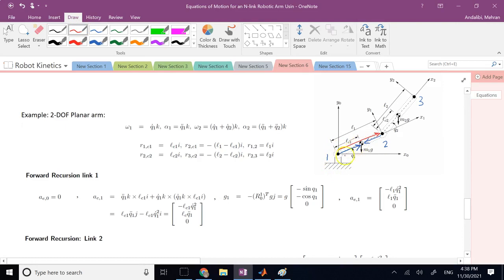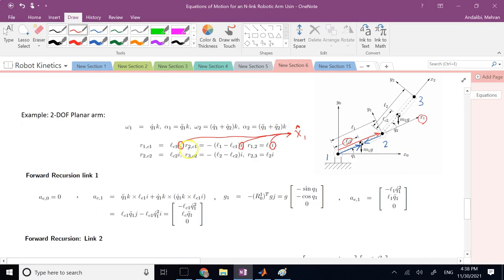So clearly you see the R of 1 C1, the length of it is LC1, and the direction of it says I. Now we have to pay attention, this I that it says here, here, and here, all of them are I's of frame 1. They are all literally I of this axis, x1 hat. They are not I of the base frame.